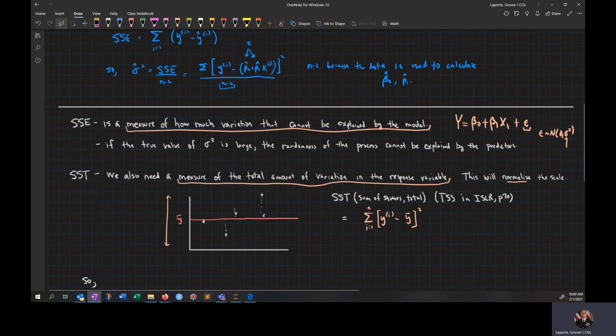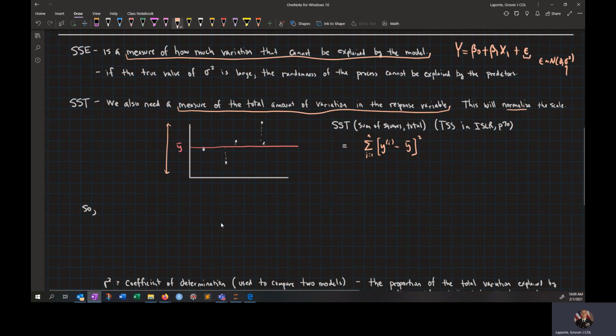Okay, so let's go down. There's always a so what, right? If I know what SSE is and what SST is, those are two measures. The one thing I haven't talked about yet is the amount of variation that is explained by the model. Let's write this down. The total amount, SST: variation is either explained or not explained.